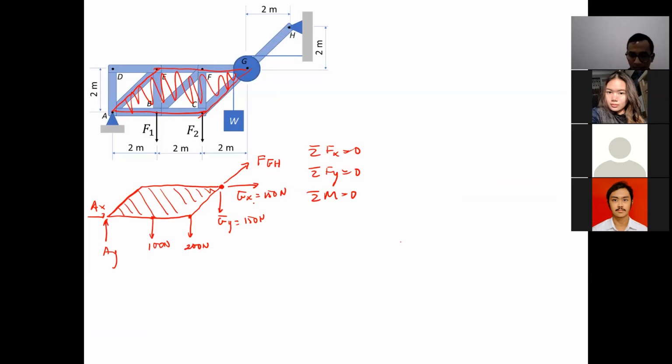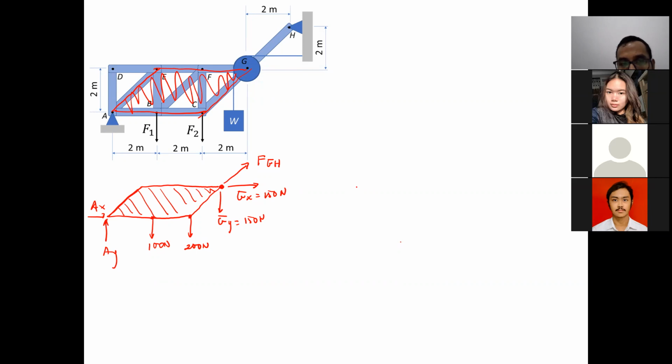So in order to solve for FGH, which one are we supposed to use from these three? Sigma Fy? Are you sure? AY is still there. We should try to eliminate AX and AY. How can we eliminate AX and AY?